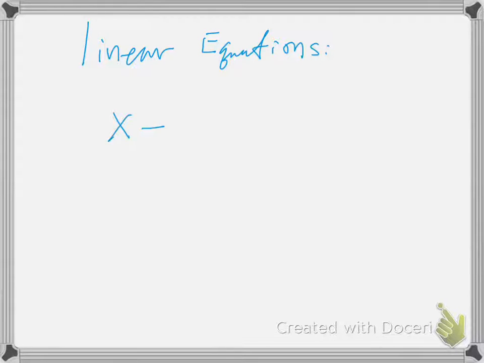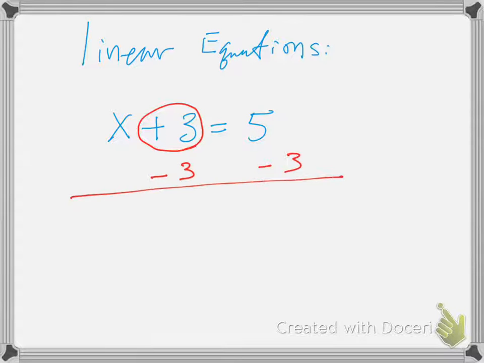So x plus 3 is 5. One way to solve this, you can think we add the opposite of this number 3, the constant term. The opposite of positive 3 is negative 3, so we add negative 3 on both sides of the equation.